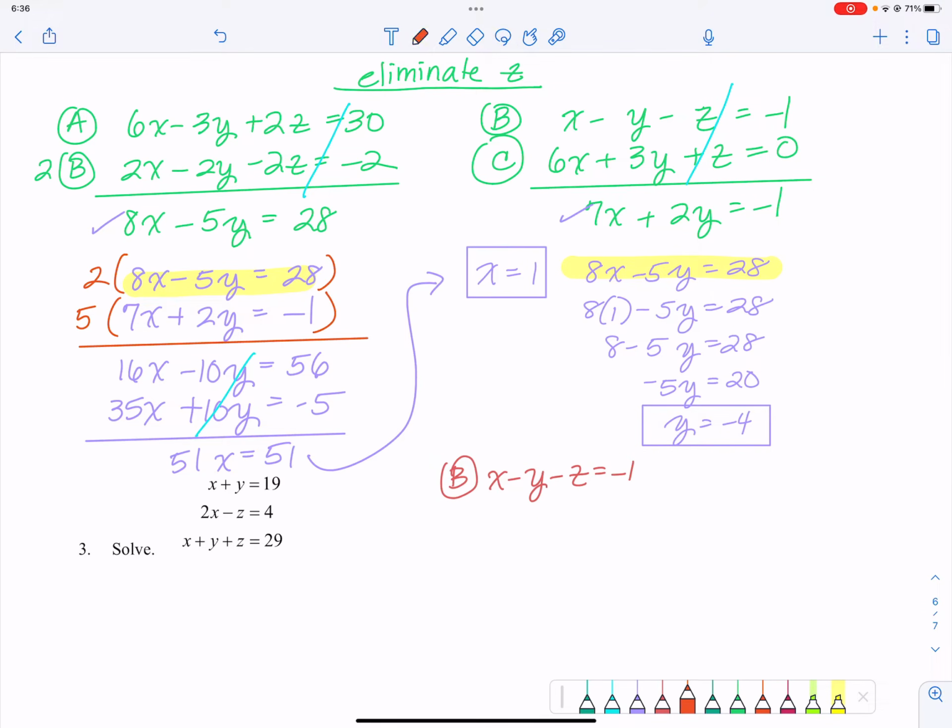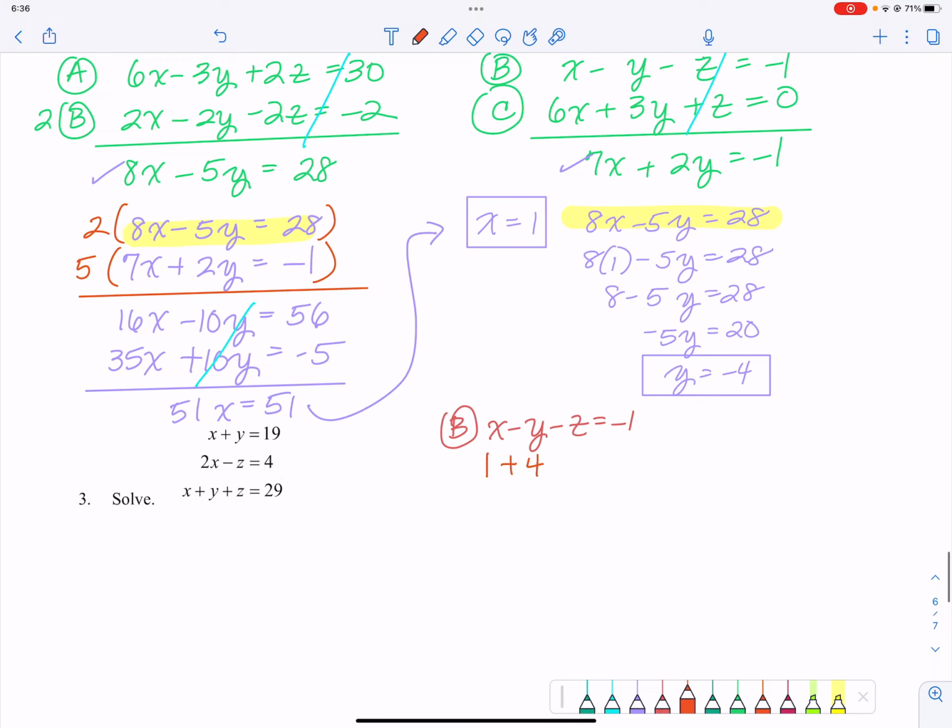And here we have 1 minus a negative 4. And then we have minus z equals negative 1. And we have z equal to 6.